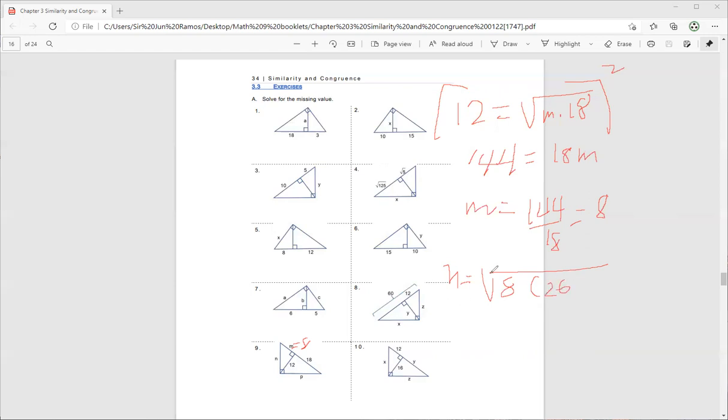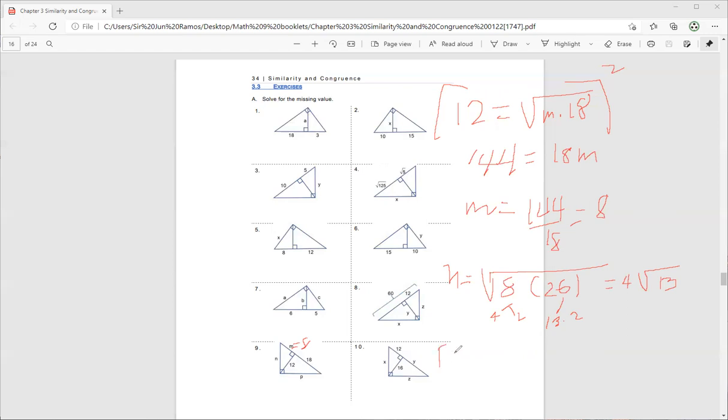Okay, again, instead of multiplying 8 times 26, I can factor this and I'll have a 4 and a 2. 26 is 13 and a 2. And notice that 2 and 2 will give me a 4, which is a perfect square, and this is also a perfect square. So that's a 16. The square root of 16 is 4, and then what is left inside is 13. So 4 square root of 13 is the value of n.